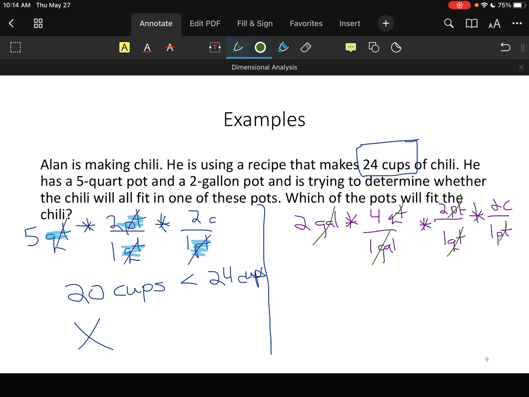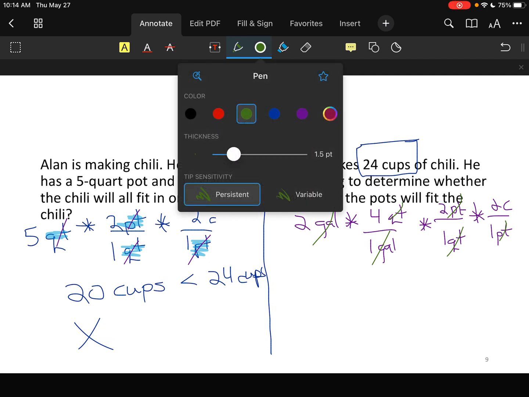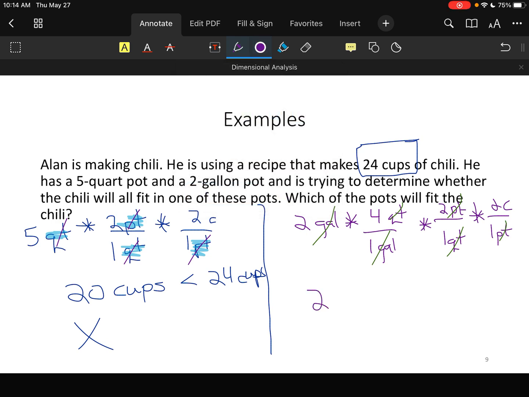Now we're going to multiply 2 times 4 times 2 times 2, and just keep the cups. So this is 8 times 2 times 2.